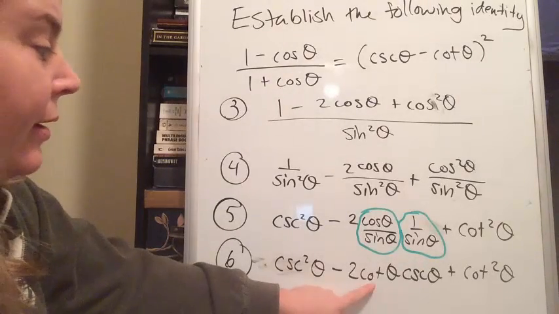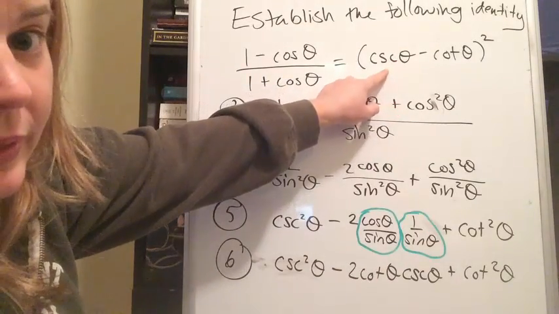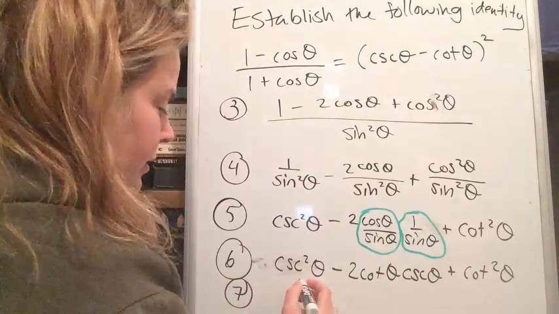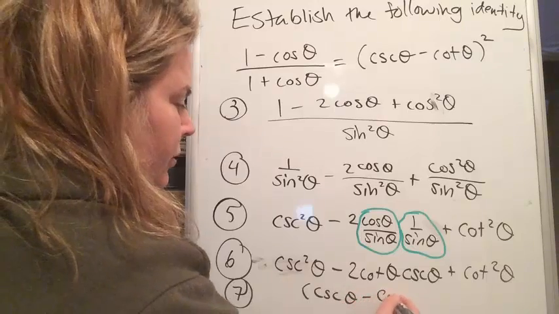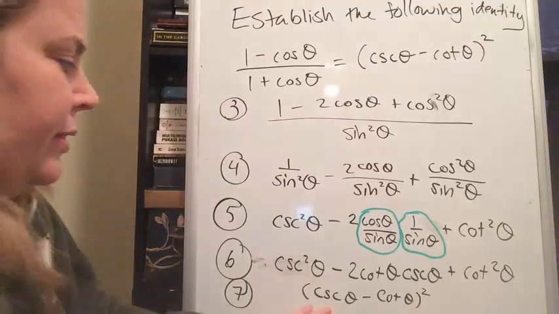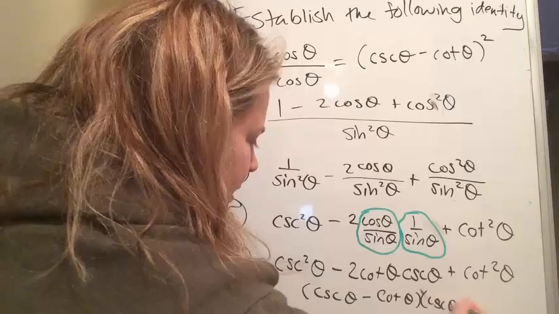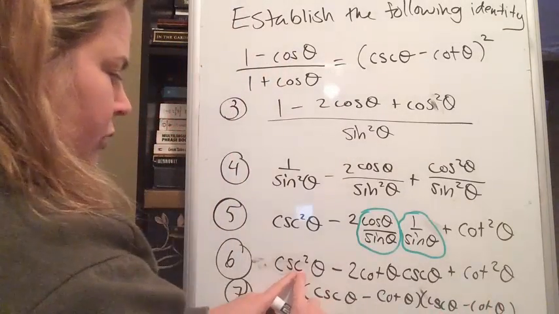And I think I'm there. Look, if I factor this, I should have cosecant theta minus cotangent theta squared. Let's do this: cosecant theta minus cotangent theta times cosecant theta minus cotangent theta. Cosecant times cosecant is cosecant squared.